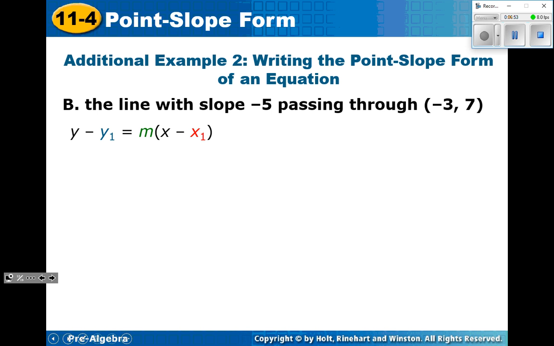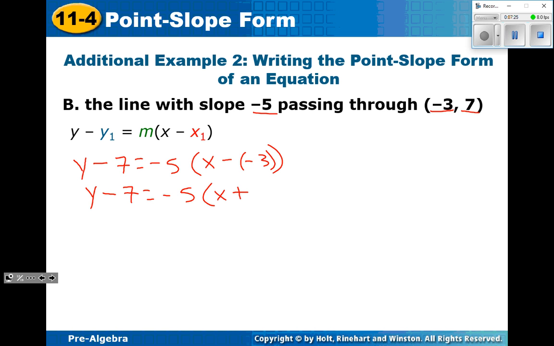Go ahead and write that in point slope form. y minus y sub 1, which is 7, equals m, which is negative 5, times x minus negative 3. And then we just need to neaten that up. And there's your answer.